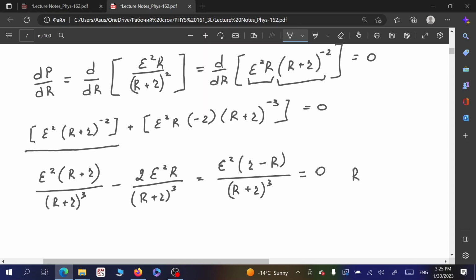So R, let's call it maximum, will be equal to the internal resistance of the battery.